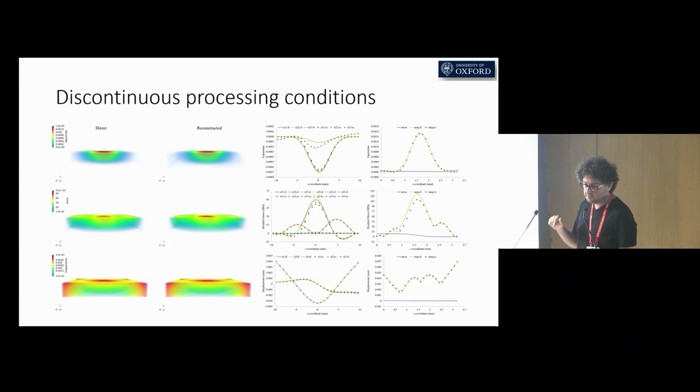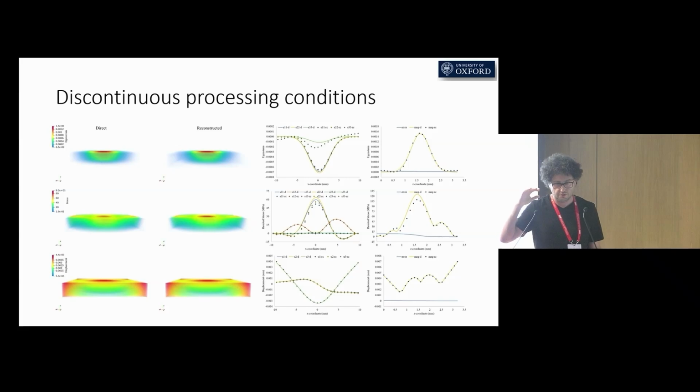We repeated the numerical experiment in a body that satisfies discontinuous processing conditions. In this case, as you see on the top left, this time eigenstrains also vary through the thickness, and again three normal components of eigenstrains distribute in three axes.